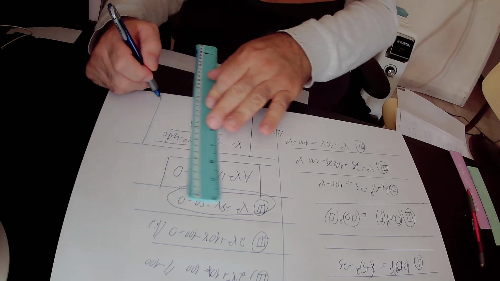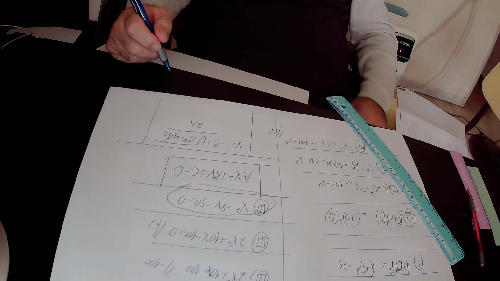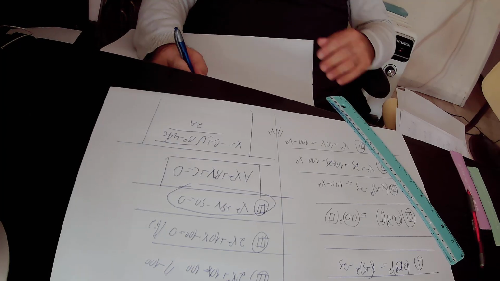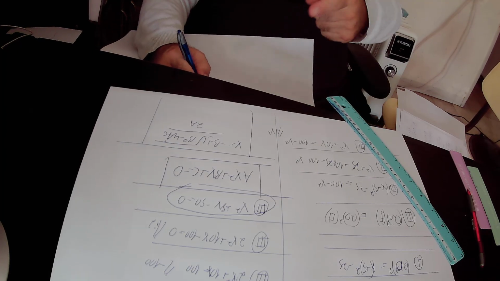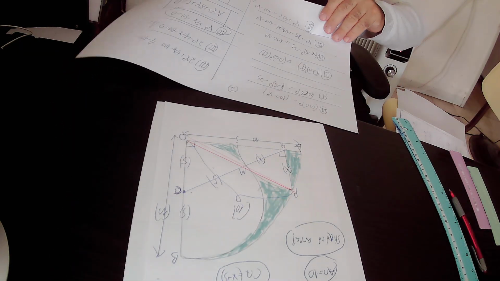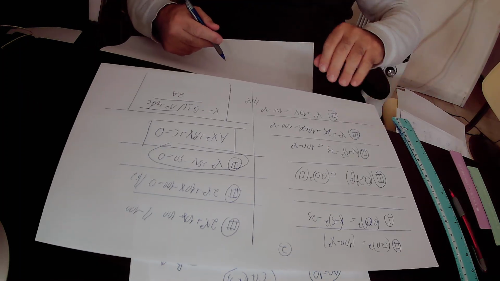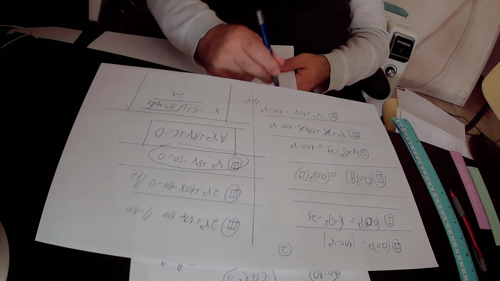In our specific quadratic equation, that is to say x squared plus 5x minus 50 equals 0, the variable that we are looking for is of course x. x is the radius of this small quarter circle. The coefficient a equals 1.